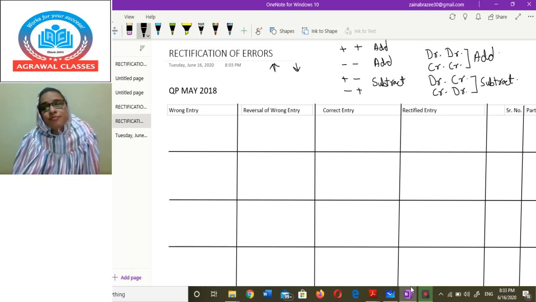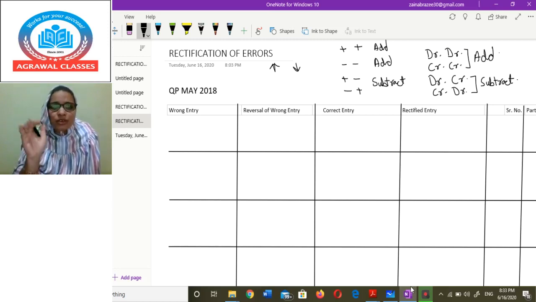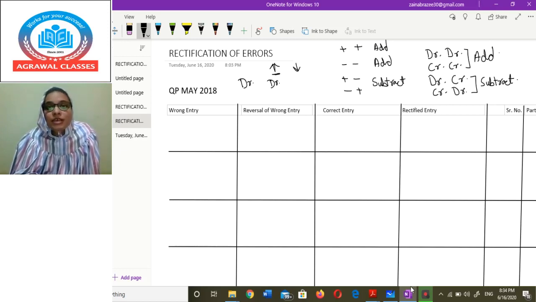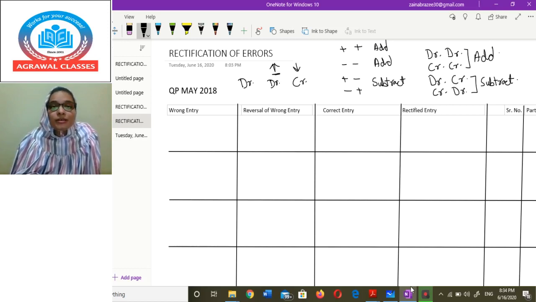Very important, this is important for everything. Whenever you do accounts, these are some basics which you need to have in your mind. So if suppose the account is having a debit balance, if you want to increase it, then you have to debit it. If you want to decrease it, you will have to credit. And if the account is having a credit balance, now if you want to increase, then you will credit, and if you want to decrease, you will debit.